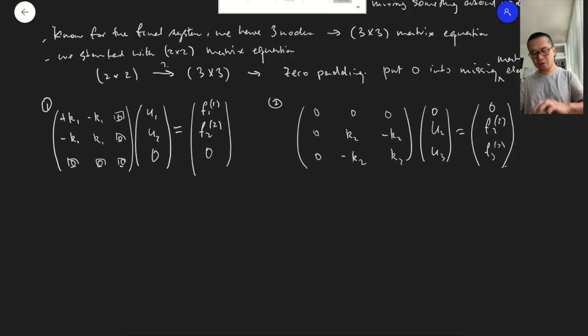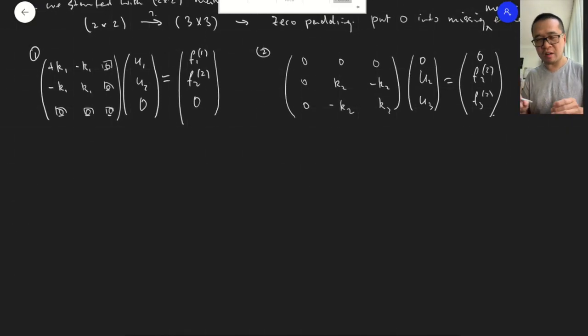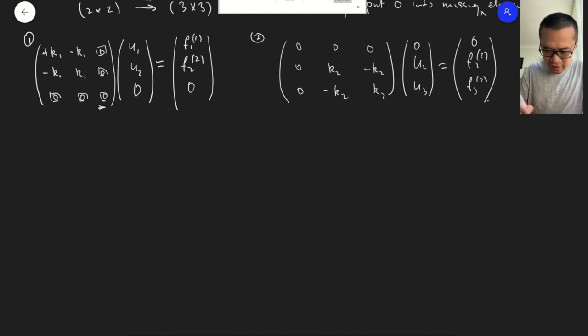So you have two sets of matrix equations that changed from 2 by 2 into 3 by 3, and the nodes occur at identical positions in these two equations. For example, node 3 occurs at the same position in both. So both equations have all the information about all three nodes, even though one of the nodes doesn't occur in a specific element.